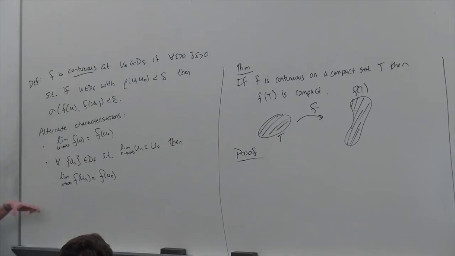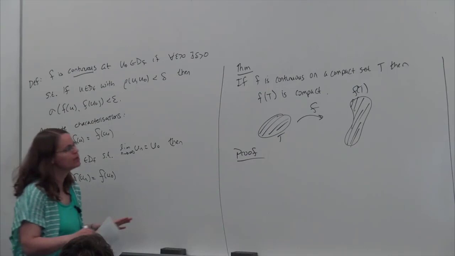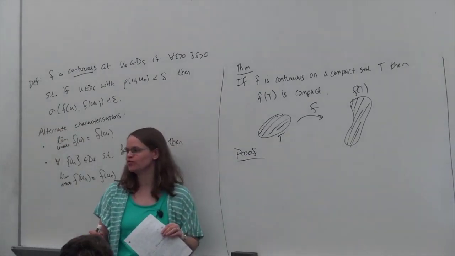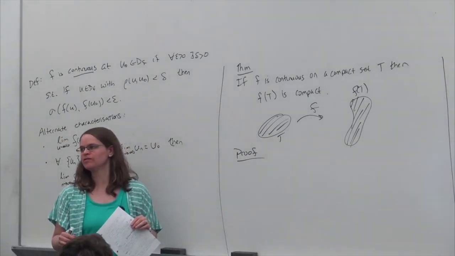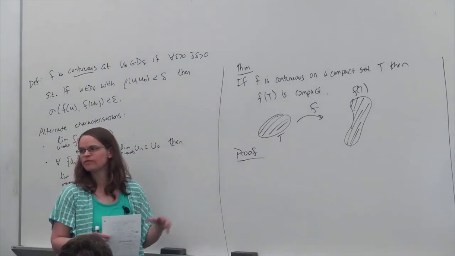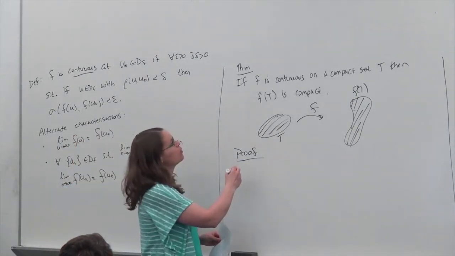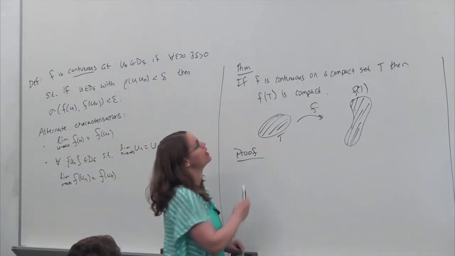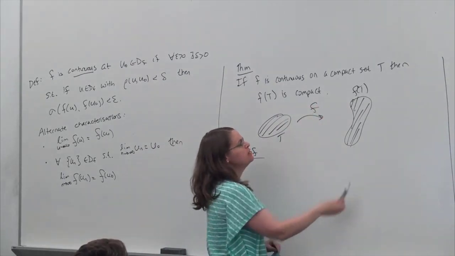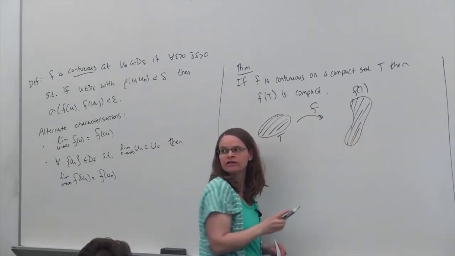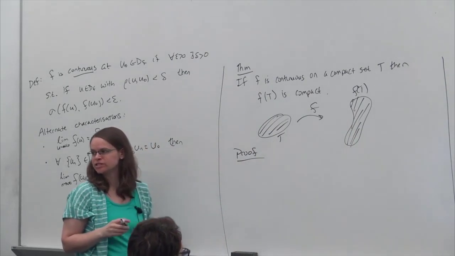Again, I said here, working with sequences is often a lot easier. It may or may not be the most intuitive. It might be more intuitive than Heine-Borel, I don't know. But it's often easier. So I'll throw this out there. If you're asked to prove something is compact, this is maybe where I'd start if I didn't have a good reason to do something else. So I'm going to, okay, I know this set is compact. I'm going to take any sequence in this set and try to show it has a convergent subsequence.